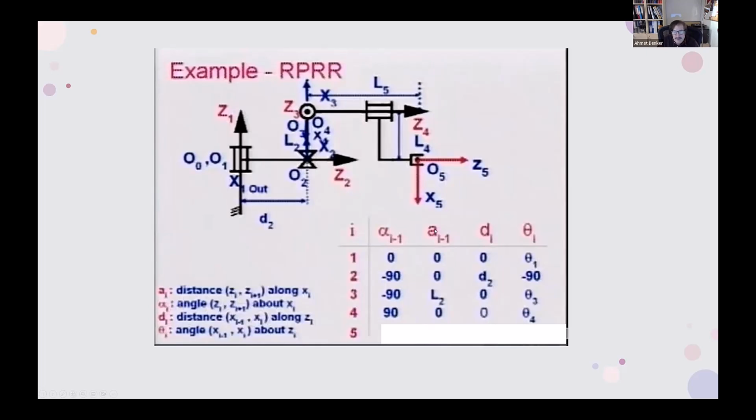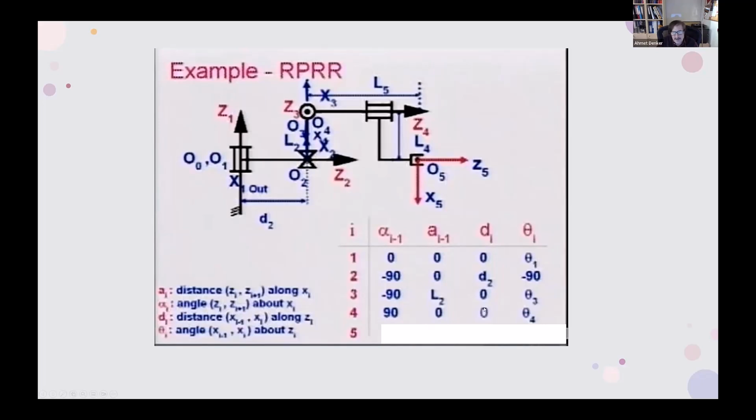Is there any distance? I mean, is there any A parameter? Since they are intersecting each other, there is no distance, so this one is also 0. There is an angle of 90 degrees between Z4 and Z3. There is no distance between Z4 and Z3 because they are intersecting.